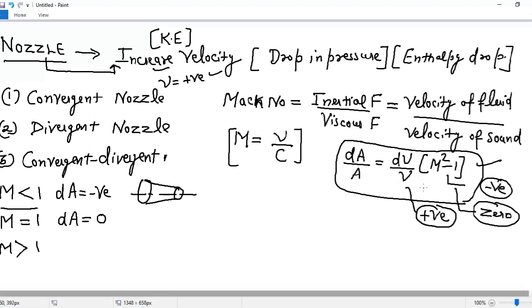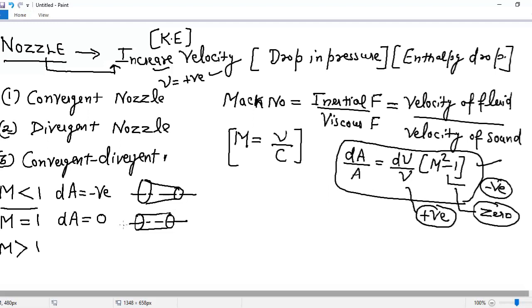It means there will be no change in area. So we are going to use a pipe or a nozzle in which the area remains constant, like this. So here we can say area remains constant.